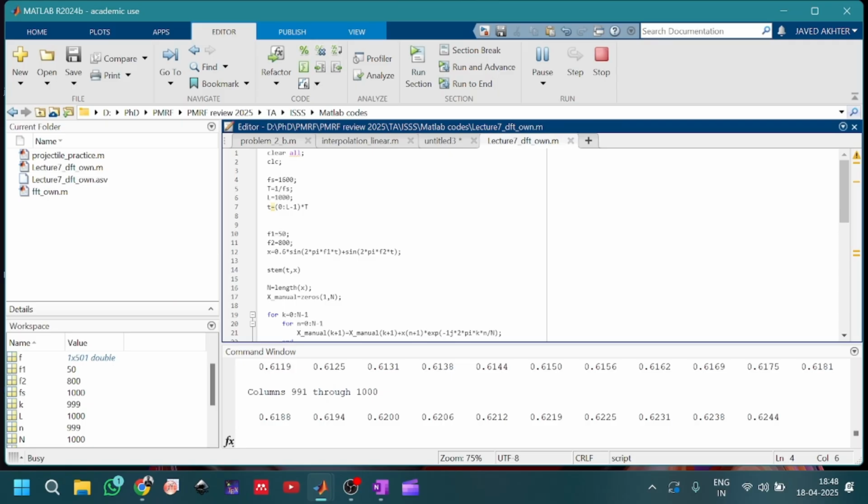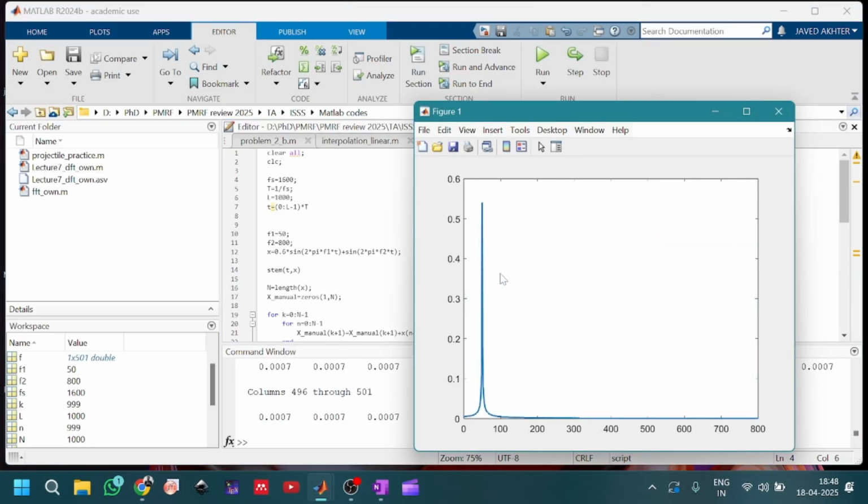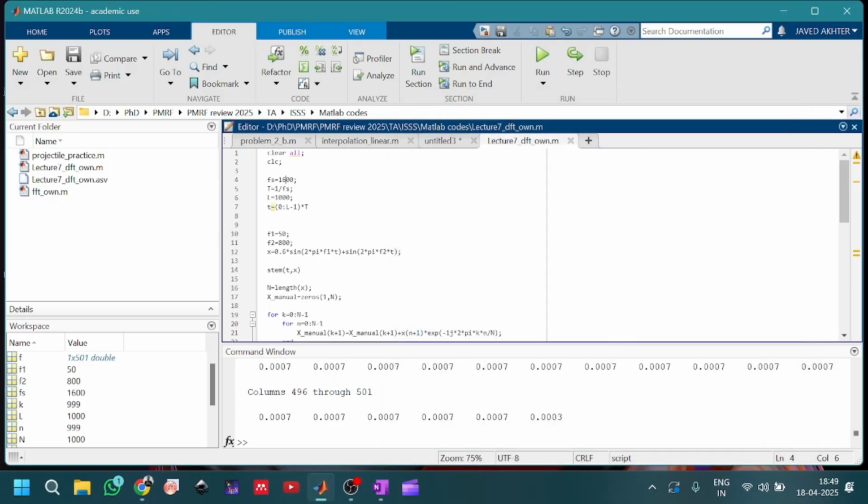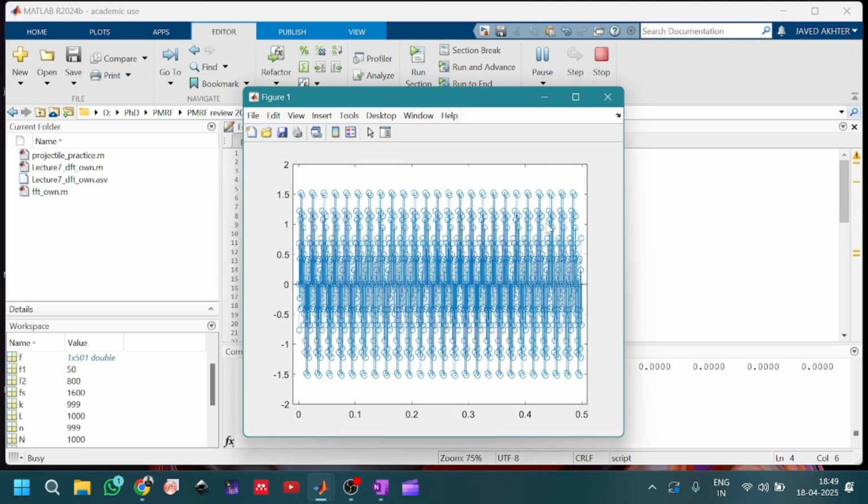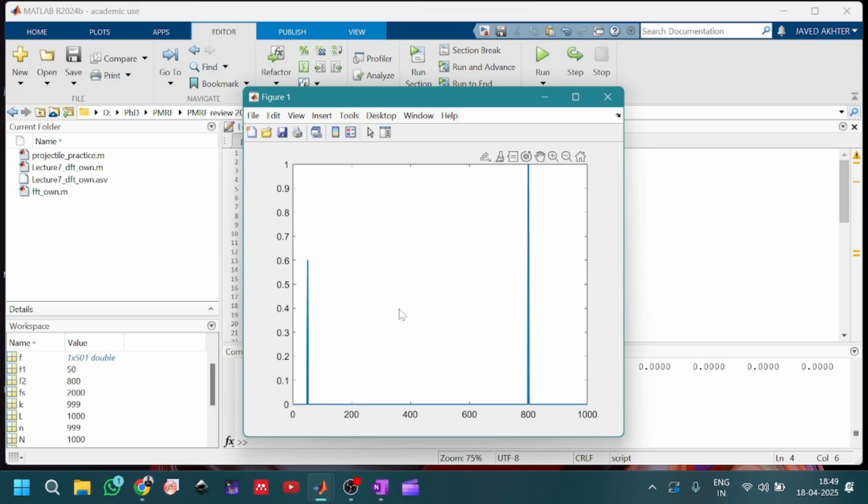So let me make it now. It is still giving an incorrect result, because for 800 you have to make it twice. So you can try to increase it. Okay, now you can see that it is actually showing the frequency components that are present in our system.